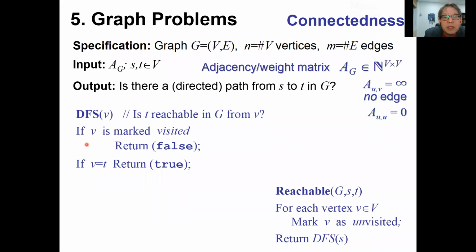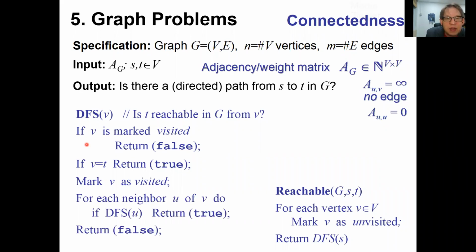If the vertex is the target vertex, then we return true. We have been able to reach the target vertex. Otherwise we mark the current vertex as visited, and then recursively proceed to the neighbors of the current vertex.